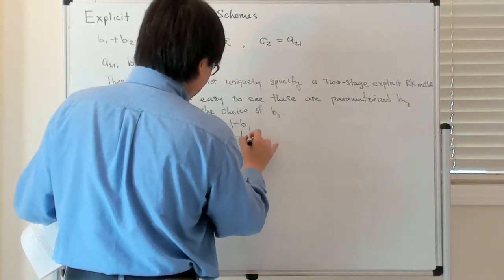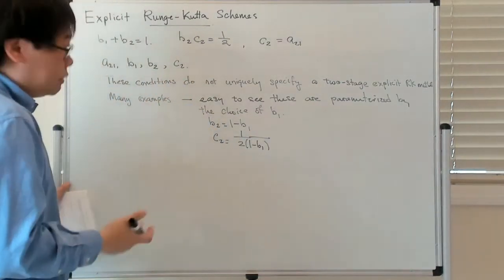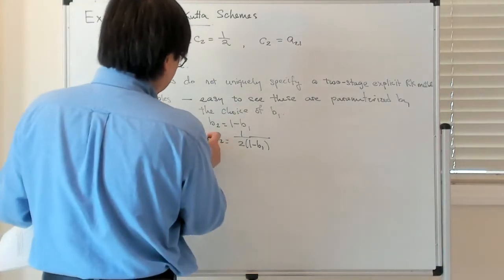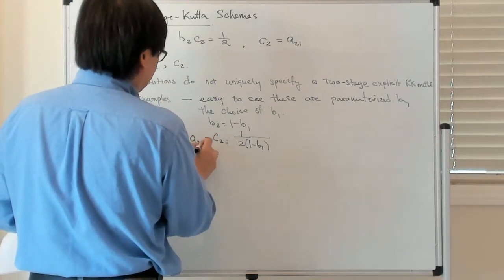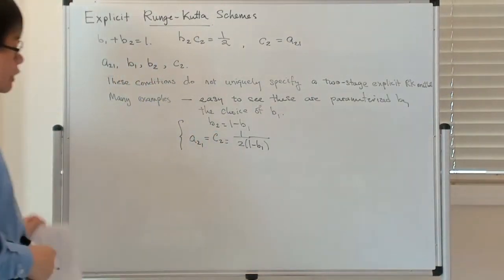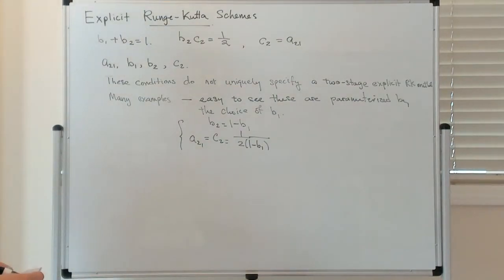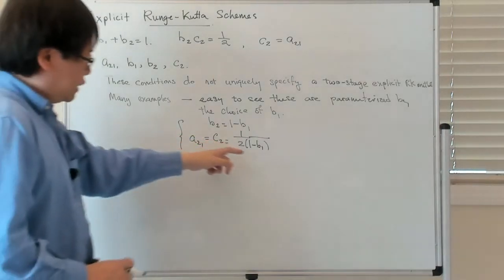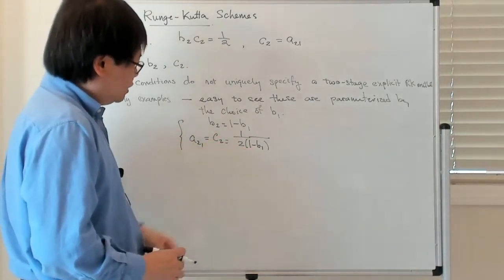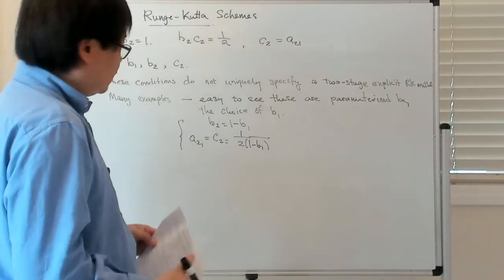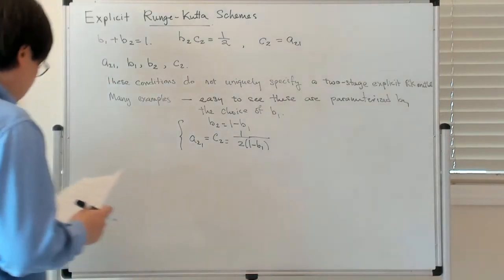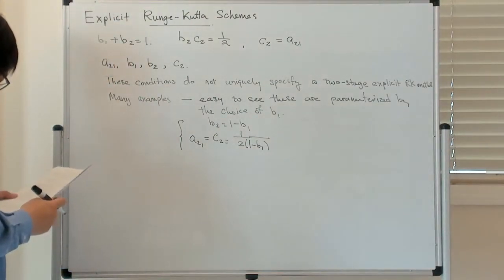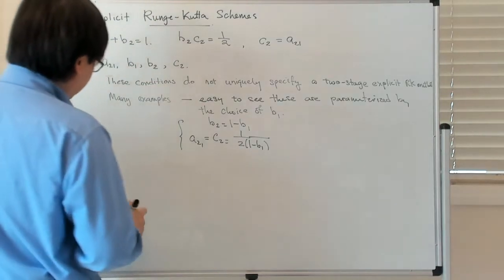So I'm just going to write everything in terms of 1 minus b1, just to be very clear. And then this is, of course, equal to a21, right? So if you know b1, then everything else is specified. So from here, I guess you don't want b1 to be 1, but modulo that, you're okay. Okay.